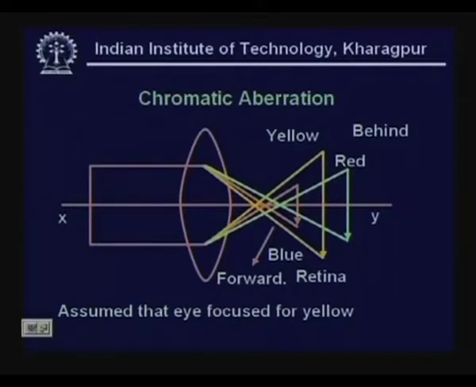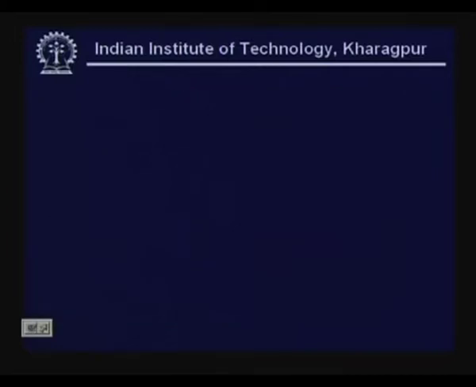Now, we find that if it is focused for yellow, the red having a larger wavelength would go behind, and blue having a lower wavelength would be ahead of the retina, and this would give rise to error in observation, which we call chromatic aberration.